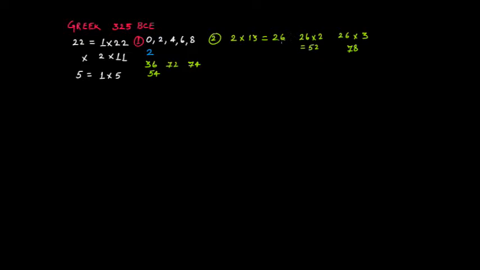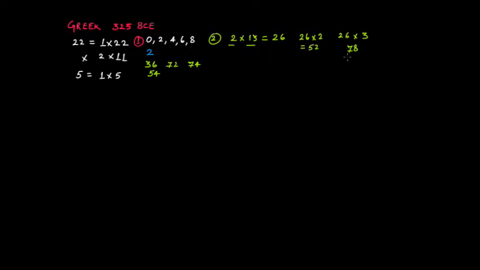So I have taken 2 multiples of 26, that is 52 and 78. Now if 2 and 13 are the factors of 26, then 2 and 13 would be the factors of 52 and 78 also.